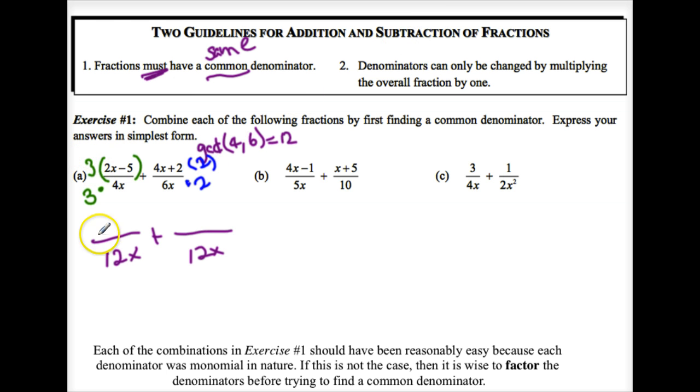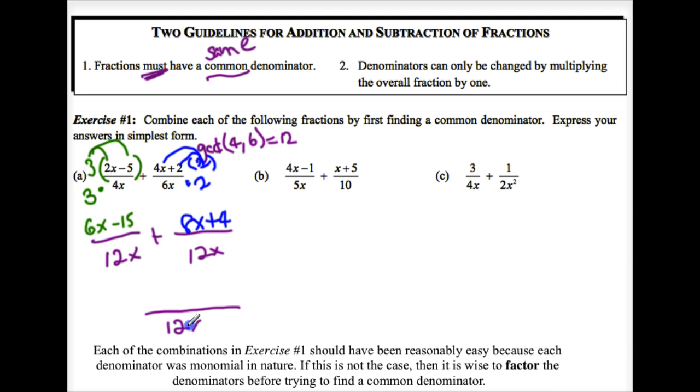Now I'm going to distribute this. It becomes 6x minus 15. Then I want to distribute the 2 as well. 2 goes to 4 and 2 goes to 2. So 2 times 4 is 8x plus 4. Now that they have a common denominator, I can combine like terms.